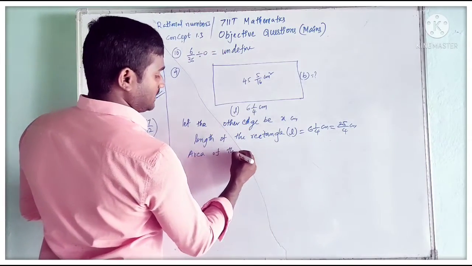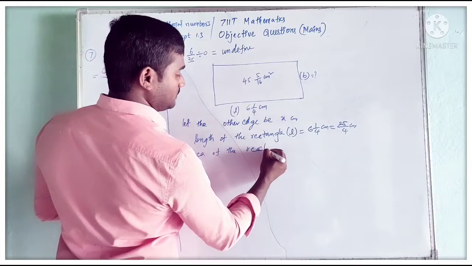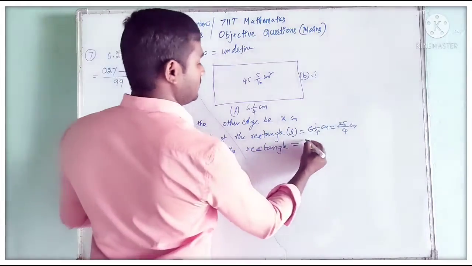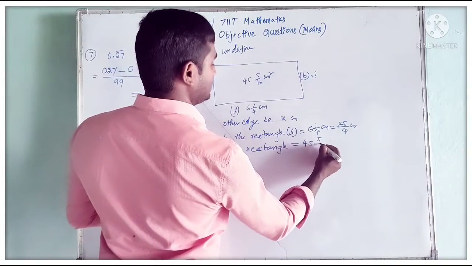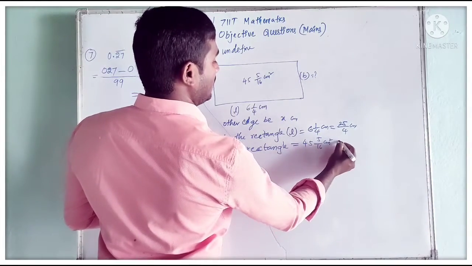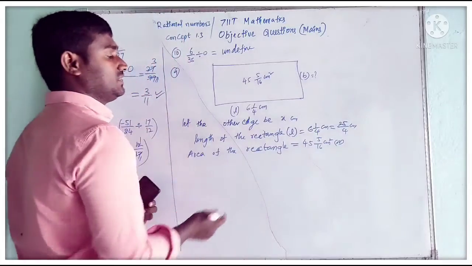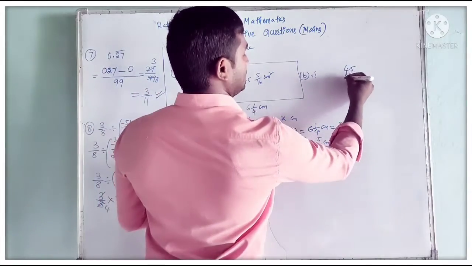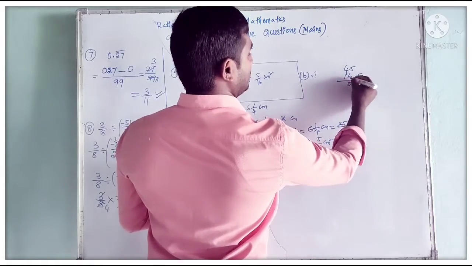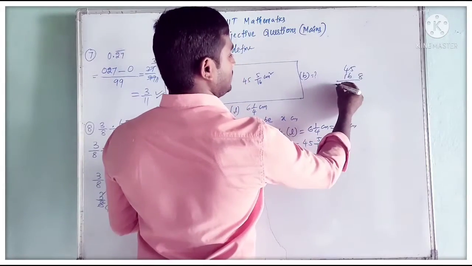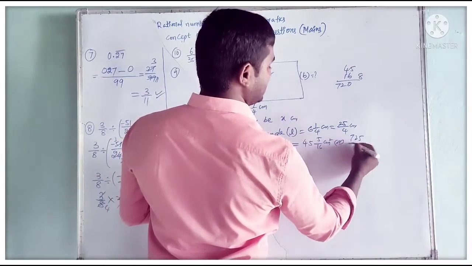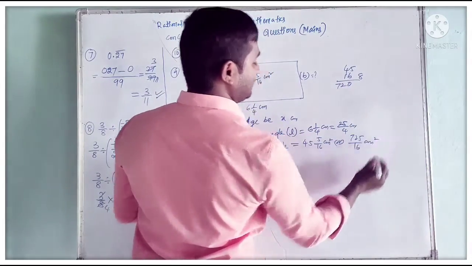Next, area of the rectangle. What have they given? 45 5 by 16 centimeter square. If we convert into an improper fraction, 45 into 16: 16 5s are 80, 16 4s are 64, 72. 72 plus 5, 725 by 16 centimeter square will come.